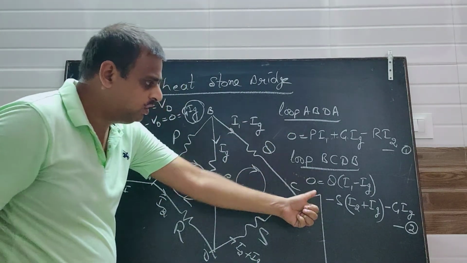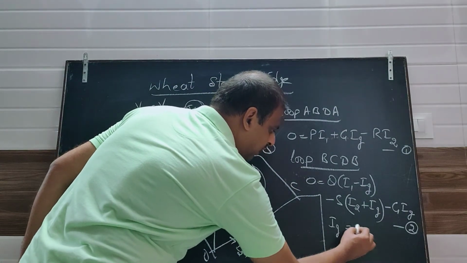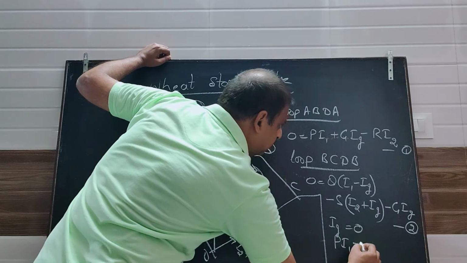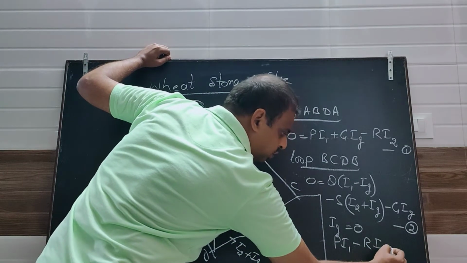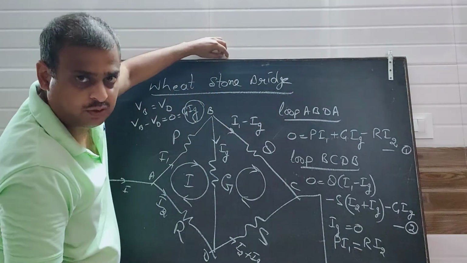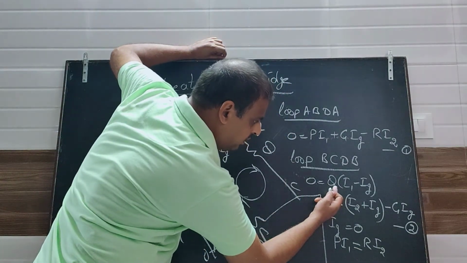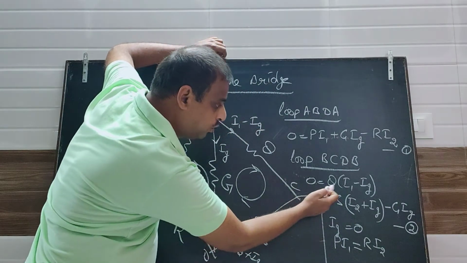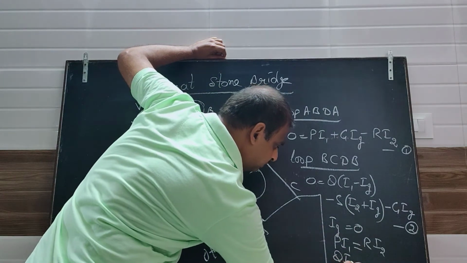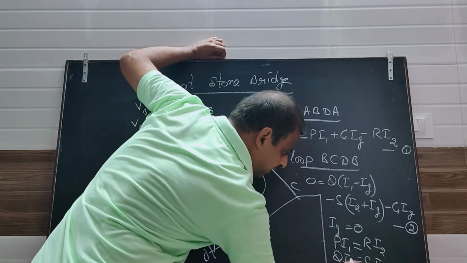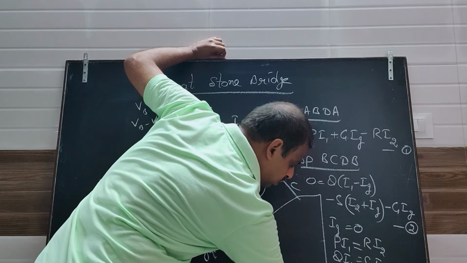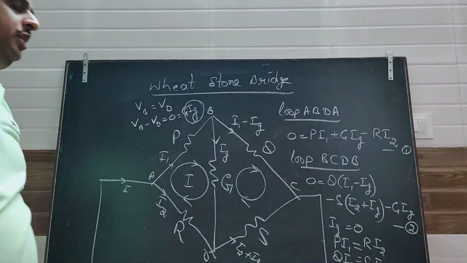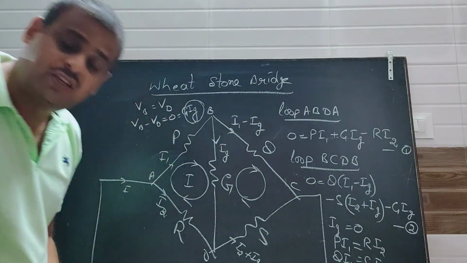Put Ig equal to 0 in equations 1 and 2. You will get P I1 minus R I2 equals 0, or P I1 is equal to R I2, and in equation 2, Q I1 minus S I2 is equal to 0, so Q I1 is equal to S I2. Divide them, so P upon Q is equal to R upon S. This is the equation of a balanced Wheatstone bridge.